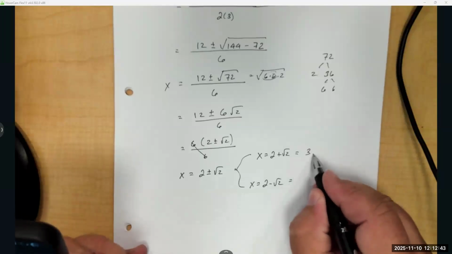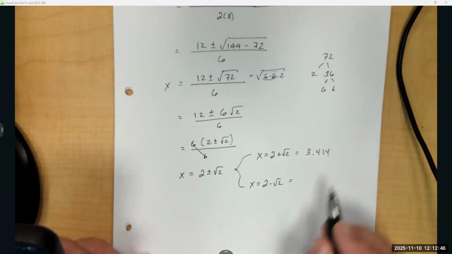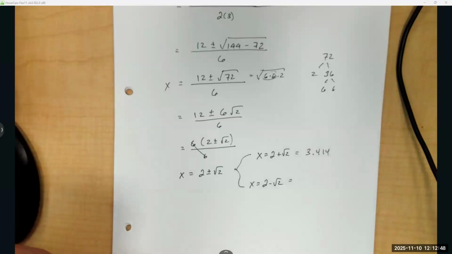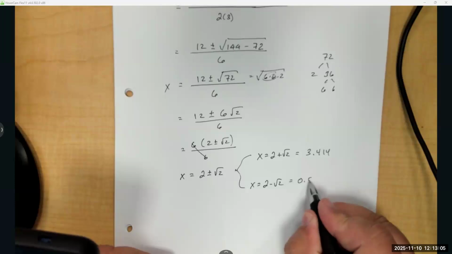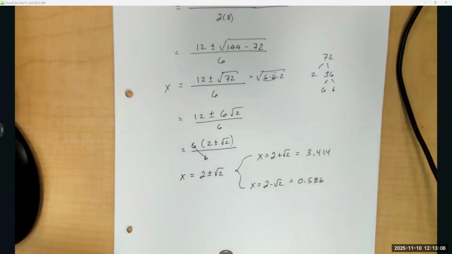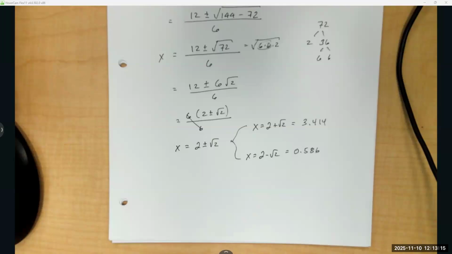Here. 2 plus that is 3.4142. My clear button. So I have 2 minus square root of 2, which is 0.586. So those are the two possible production levels of my object.